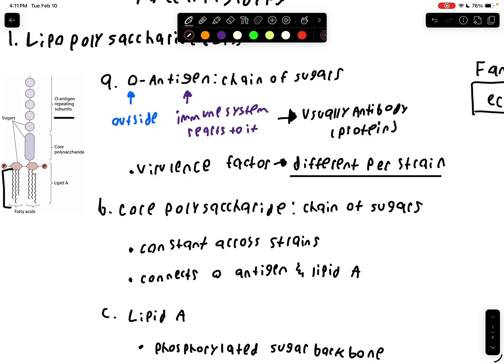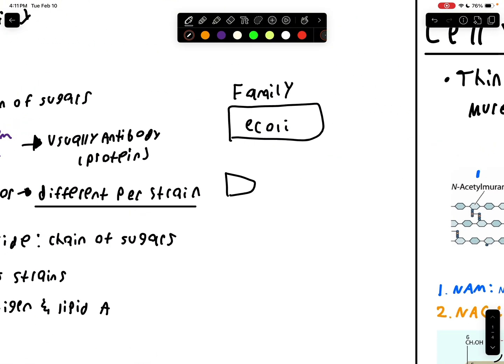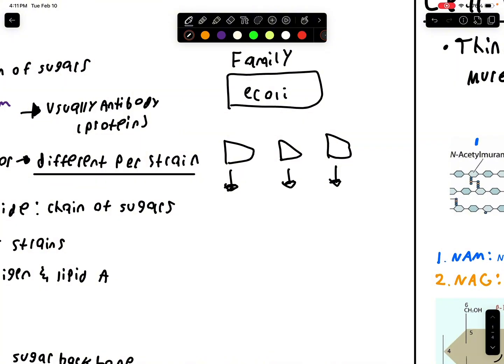Why it's a virulence factor is because it's different per strain. So if you think about a family of E. coli and you have a bunch of different members of that family, each of them has an entire lineage beneath them, right? And so what that means is you get a whole lineage of similar E. coli, but they're not identical.